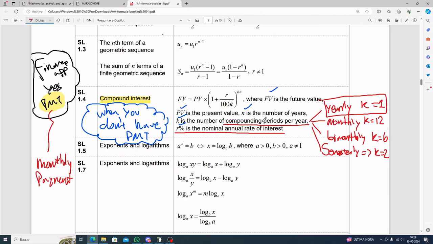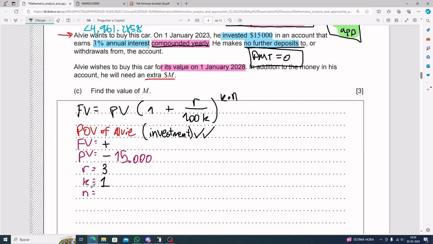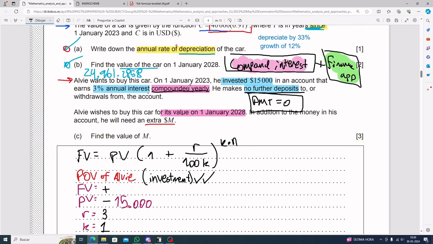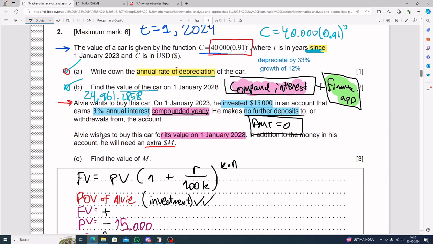And then N, we said, is the number of years, so for how long good old friend Alvi is storing his or her money. So N is going to be 5. Because Alvi wishes to buy this car for its value on the 1st of January of 2028. How many years later is this from the initial investment?